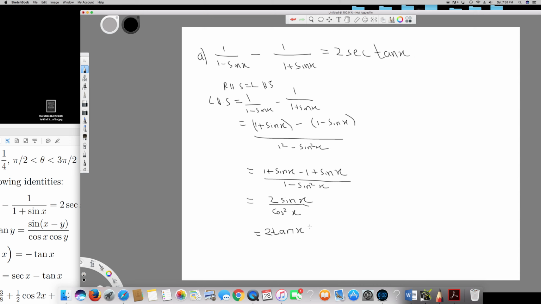So we can directly write sec x, which is equal to the right hand side. So we proved that the left hand side is equal to the right hand side.